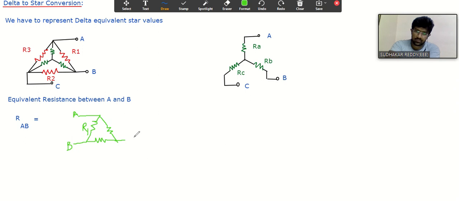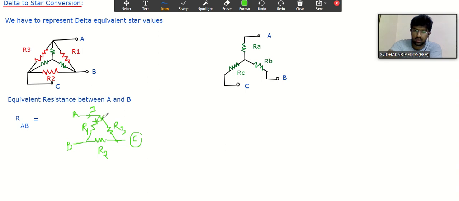Now this point is C, but we are finding the equivalent resistance between A and B only. So this terminal C is open circuit. We are not considering this terminal. If you consider one current I here, it is divided into only two currents.